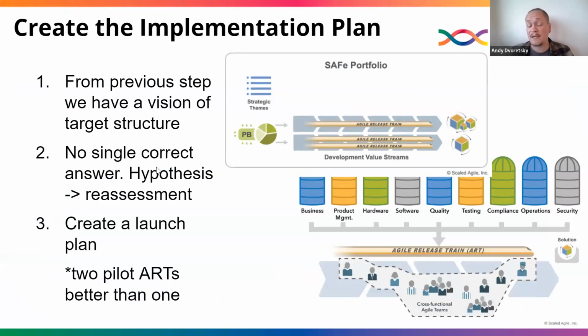We build hypotheses, and then we evaluate and reassess them, right? We just need to start with at least some vision. So we try to cover our organization with a portfolio of Agile Release Trains first, and we create a launch plan. We start with this train, then we launch the next one, and so on and so forth.